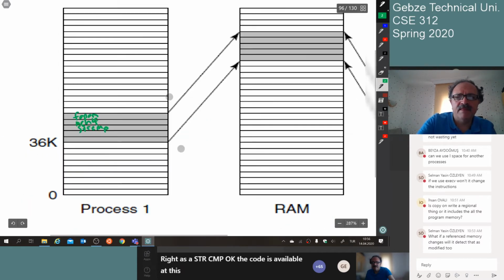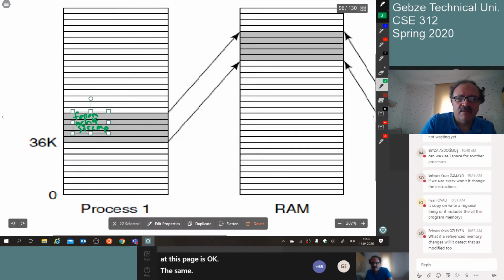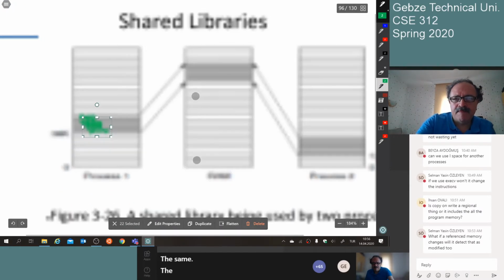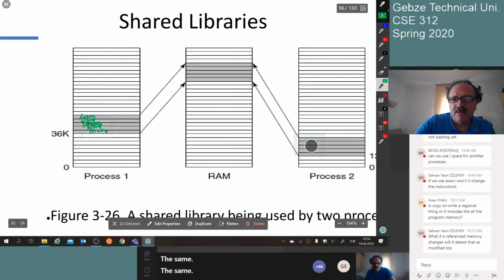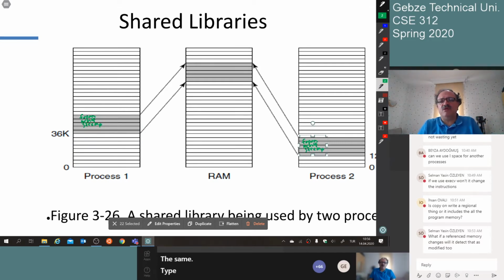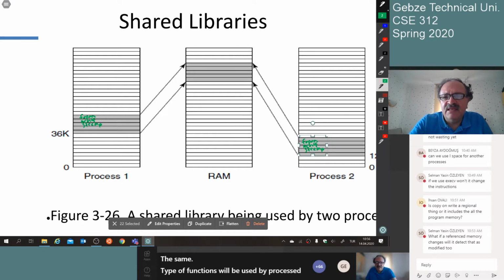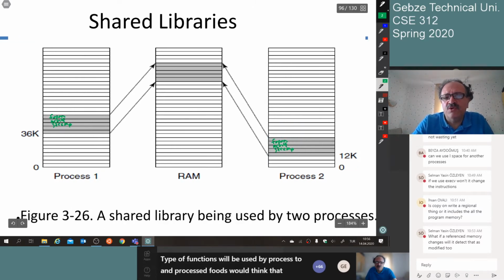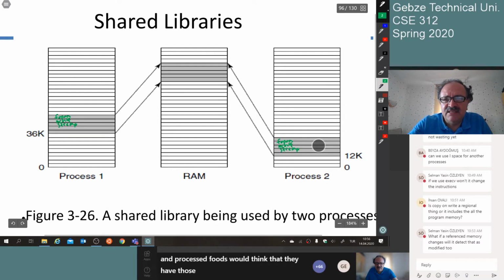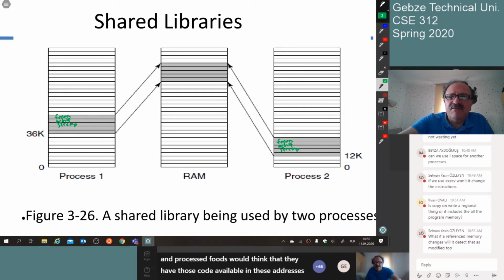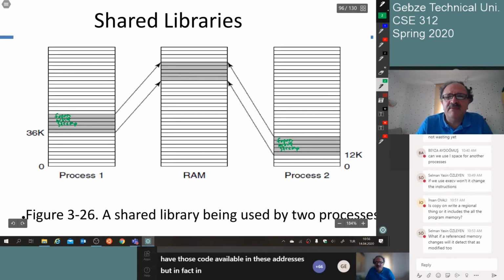The same type of functions will be used by process 2, and process 2 would think that it has that code available at these addresses, but in fact in the physical memory I keep them at the same shared pages.